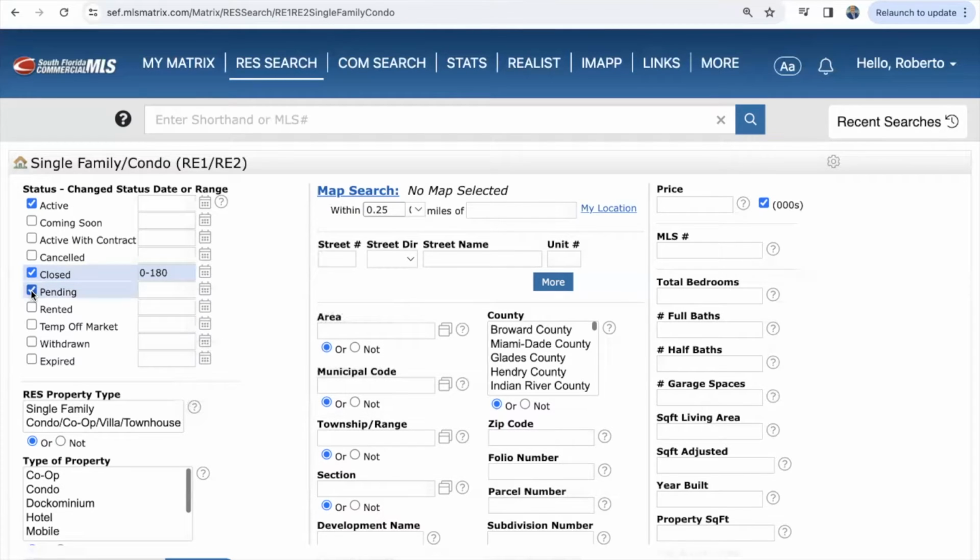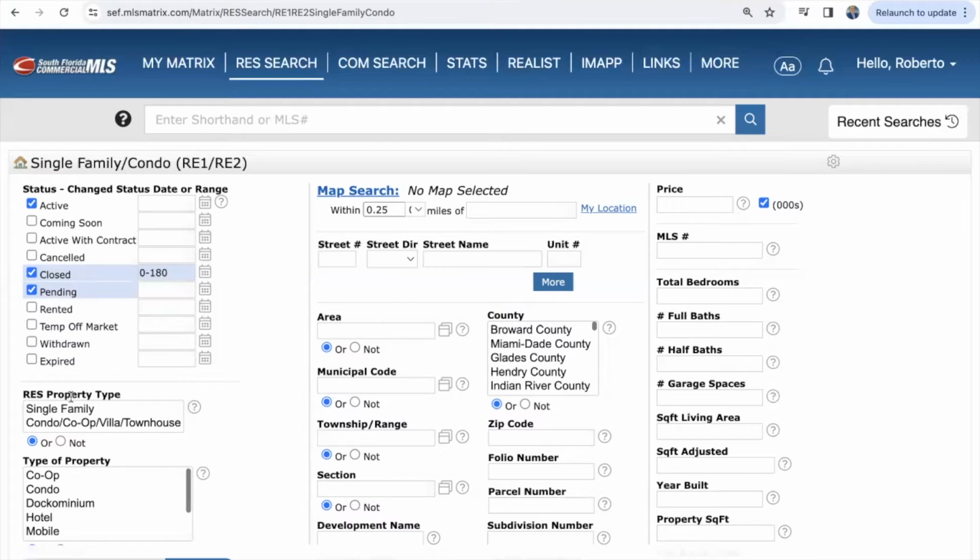So if there's any pending sales under contract, we're also going to see them. However, anything that shows up under pending, you're not going to see the actual purchase price until it closes. You're going to only see the active list price. But the reason we want to see pending is just in case there aren't many comps, at least we can use the pending ones as well.